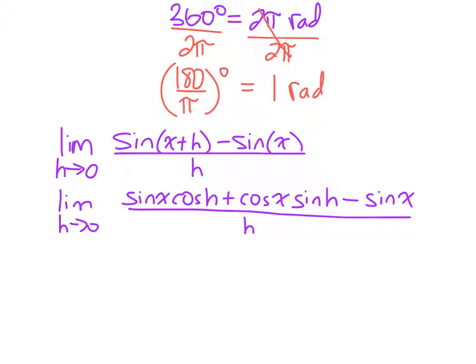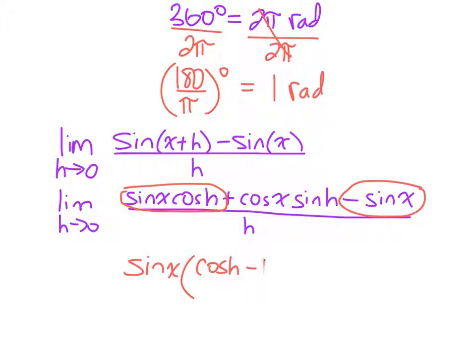Then the reorganization part would put these two together, and it would become sine x times cosine h minus 1 over h.